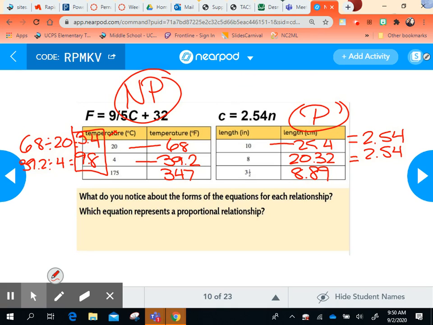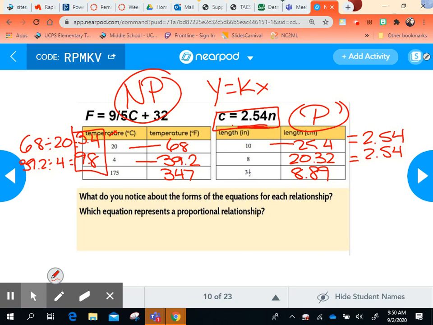So let's notice the difference. A proportional relationship comes in the form of y equals kx. So just like this one, it's the same format. Y equals a number, which is our unit rate. Notice 2.54, 2.54, x.